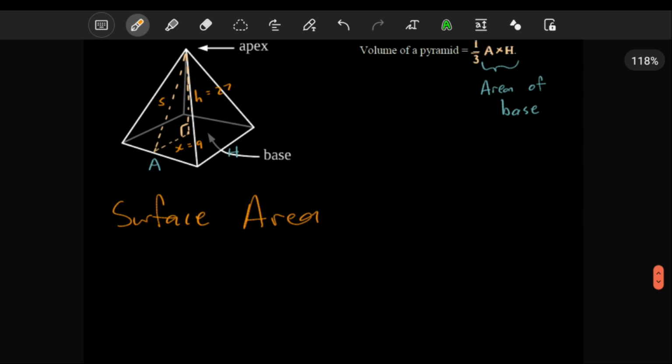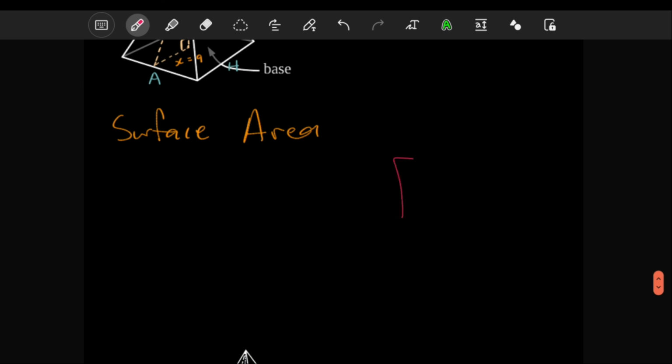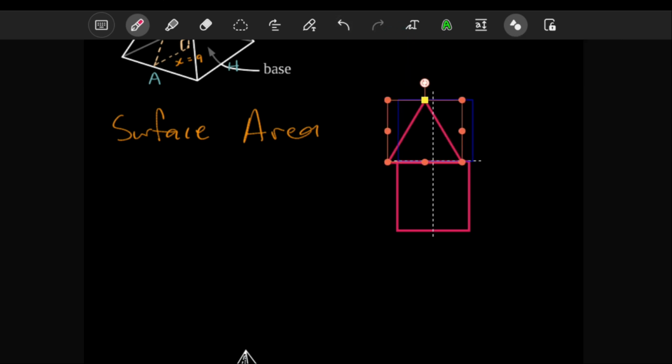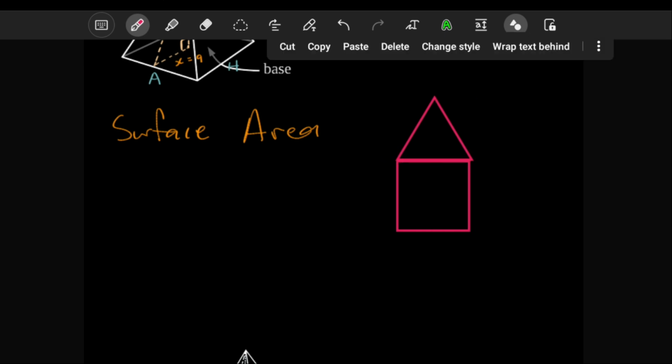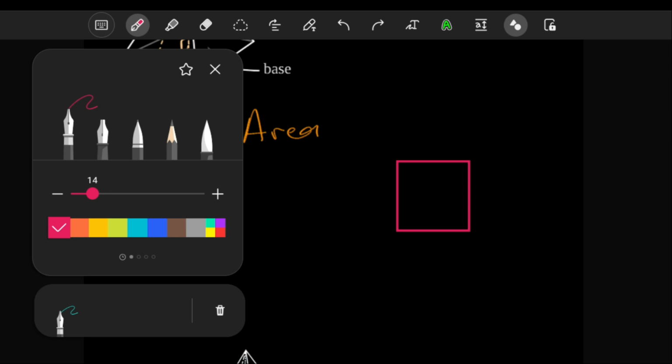So clearly, if you're going to get your surface area here, all you need to keep in mind is that you are just visualizing a sketch that looks like this. You have your square base over here. Ooh, okay, that's not bad. And then you have this here. Let's just use freehand for this one.